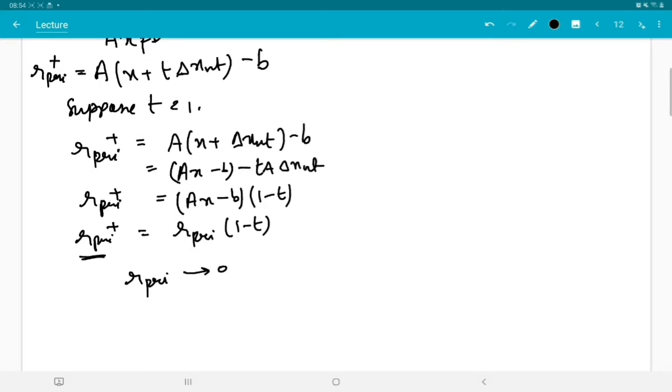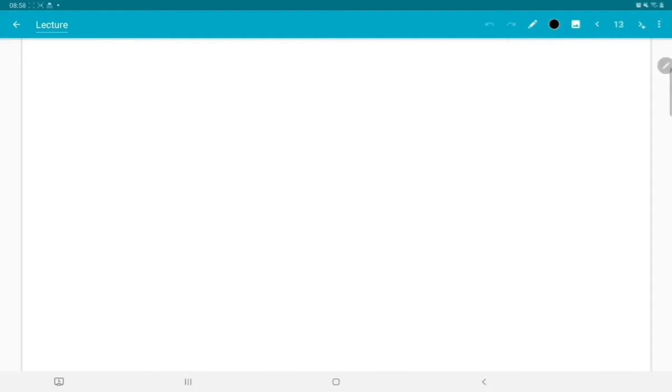With each step it multiplies by a constant which is less than 1, so it goes to 0 ultimately. But if we have t equal to 1, then in the first step itself the point immediately moves into the feasible region. And now look at the algorithm of this Newton method.